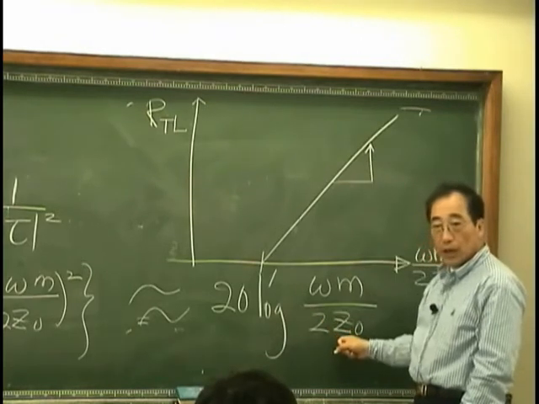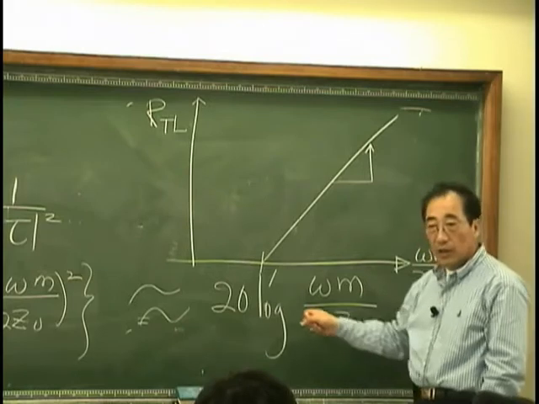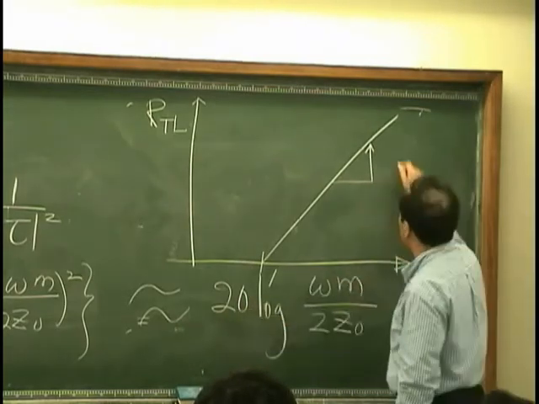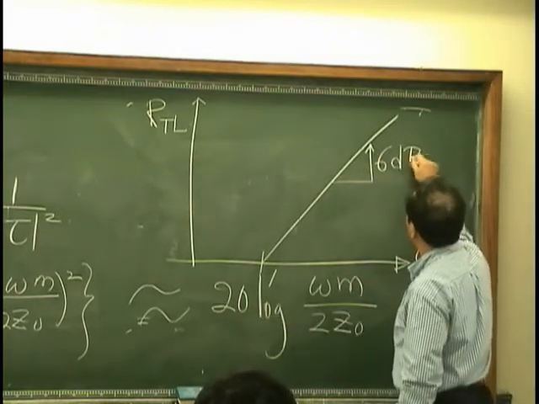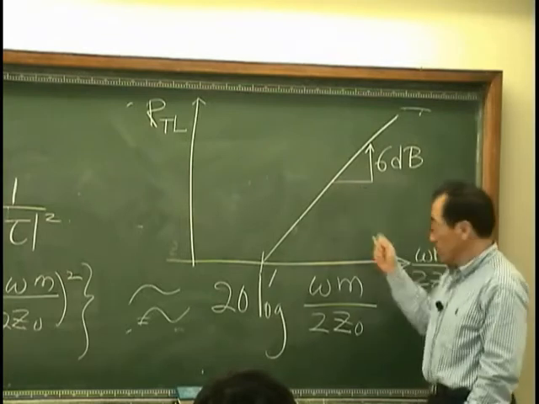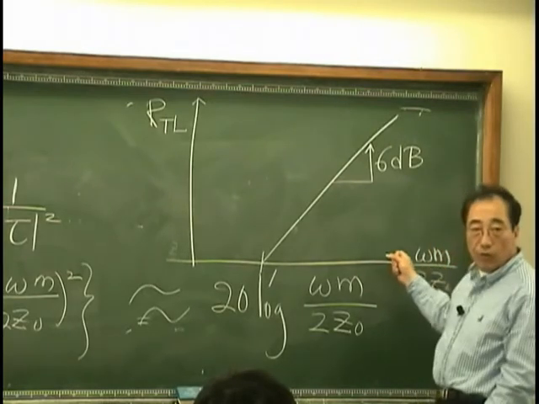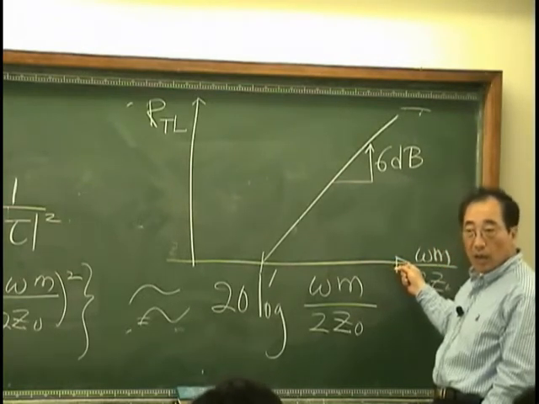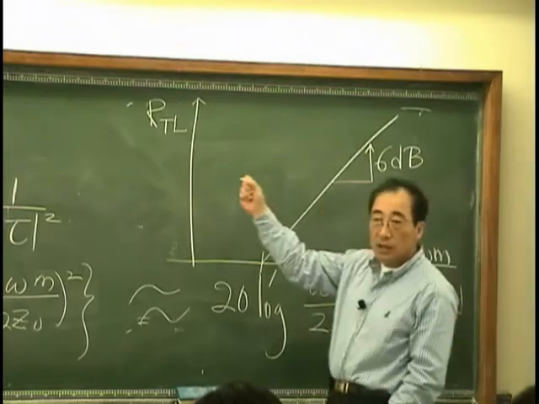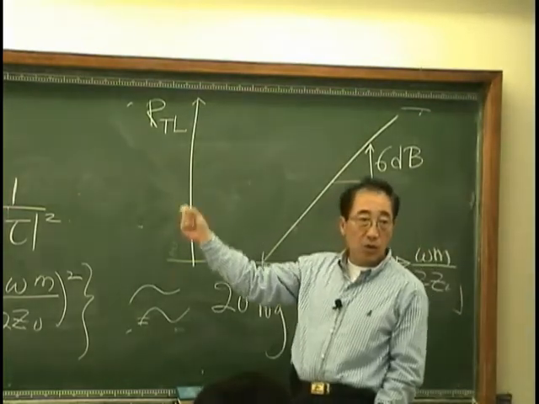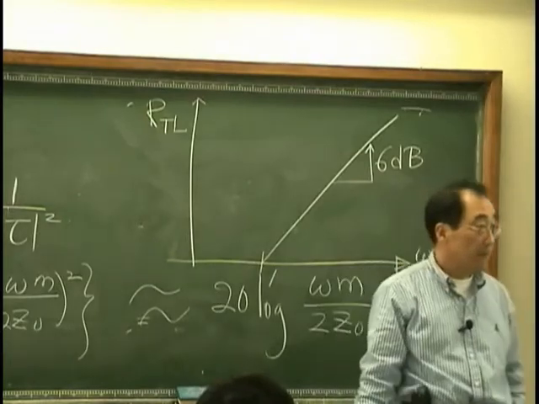Log 2 is 0.3, therefore this is 6 dB. So I can say increasing mass or frequency would increase the transmission loss by 6 dB.